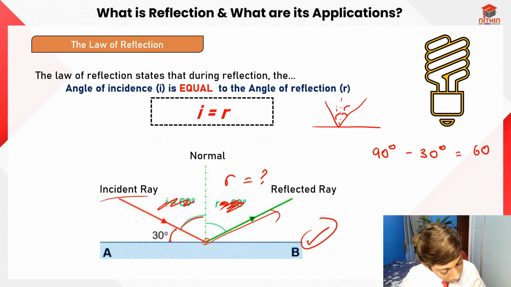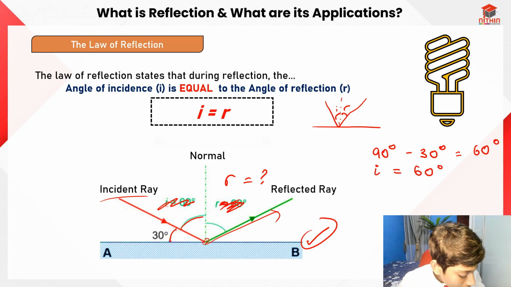So the angle of incidence is 60 degrees, which is equal to the angle of reflection, also 60 degrees.